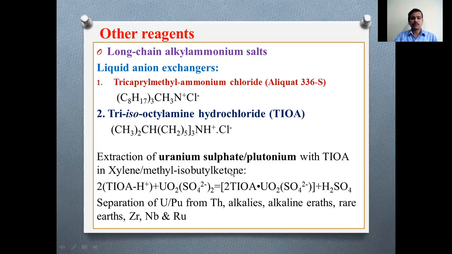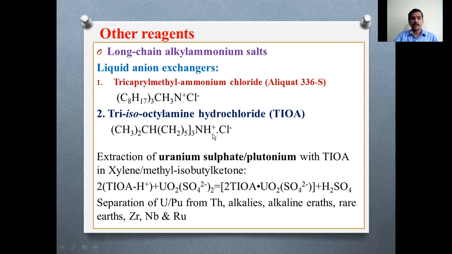These reagents are used especially for the extraction of uranium sulfate or plutonium. More relevantly, triisooctyl amine hydrochloride is used with xylene or methyl isobutyl ketone as solvent. This is the general reaction in the extraction of uranyl sulfate. UO2 uranyl sulfate has a 2 minus charge, and we need 2 positive charge from triisooctyl amine hydrochloride.